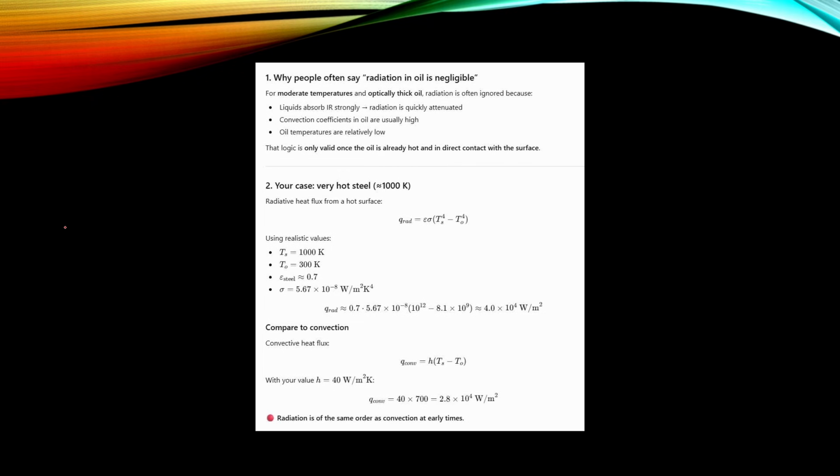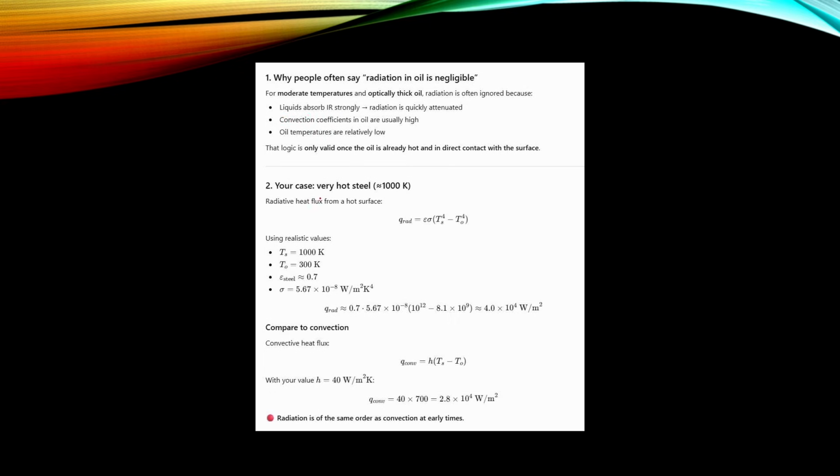What is the role of radiation in this kind of simulations? Typically when we are working with oils and we have moderate temperatures, we can leave out the radiation from our calculations. That's because liquid absorbs infrared radiation.